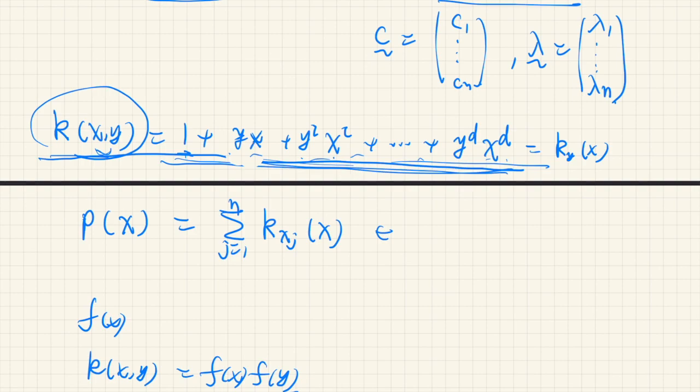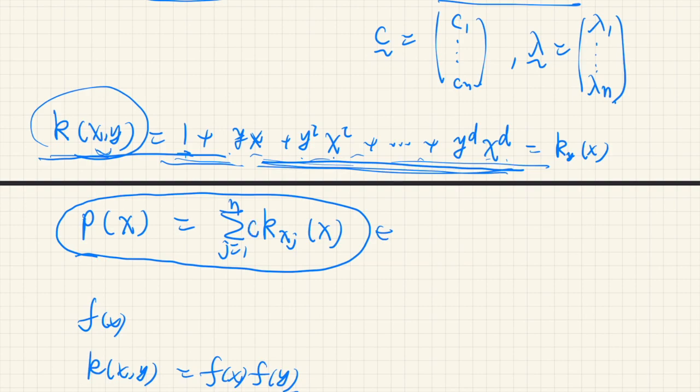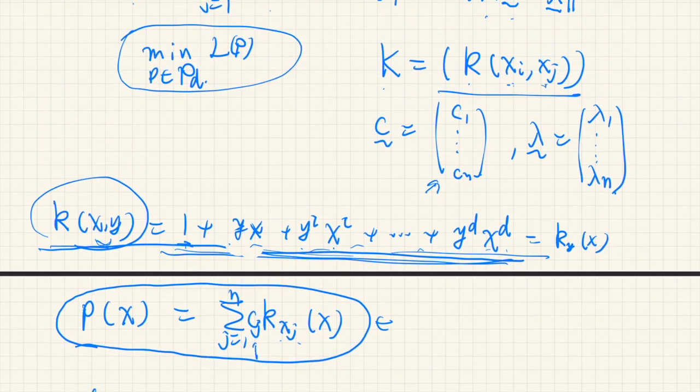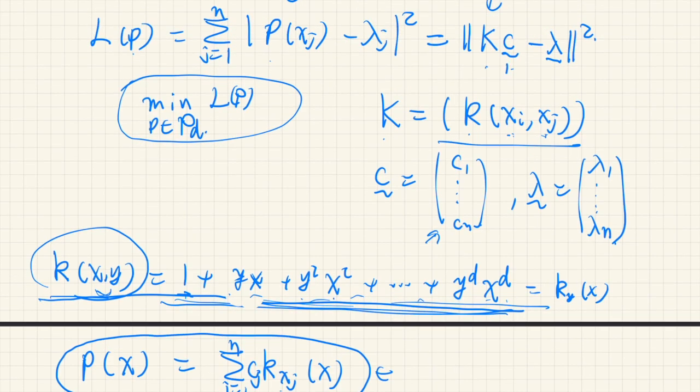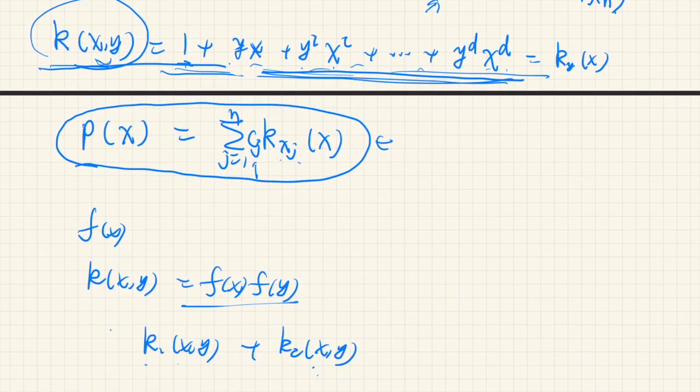And the next question is whether the polynomial functions as defined in this way, that is, a linear combination of k_{x_j}'s, where this c_j comes from this c_j here, cover the entire space of all possible polynomial functions with a degree of at most d.